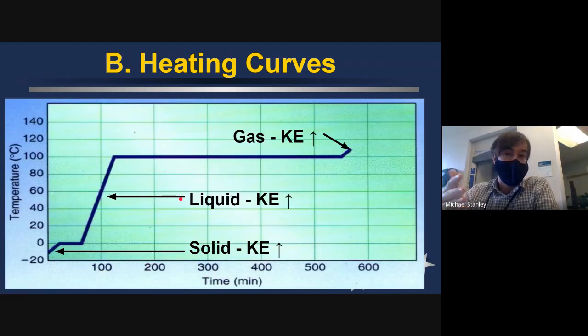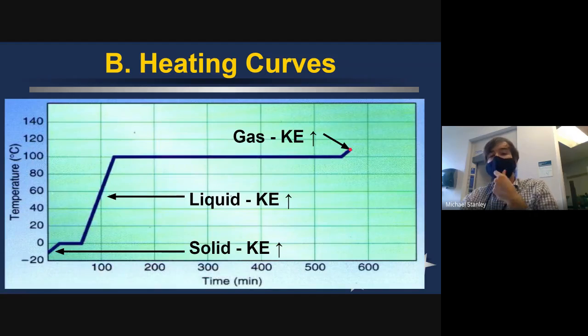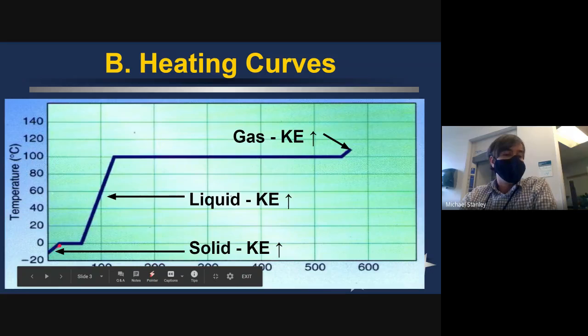So here we have our heating curve. You'll notice that it is not just a straight line from our point down here to our point up here. Instead, we have these parts where the line is going up and these parts where the line is flat.